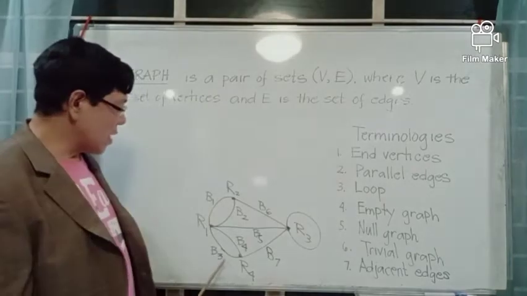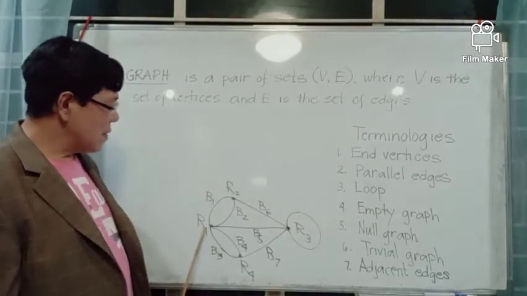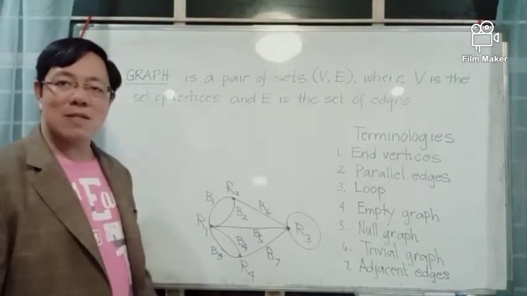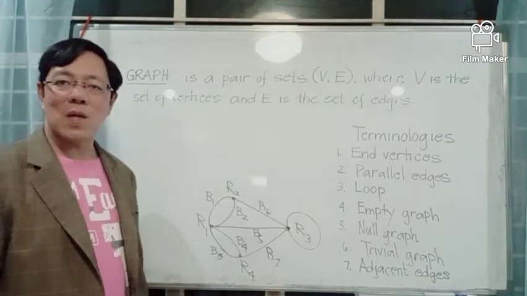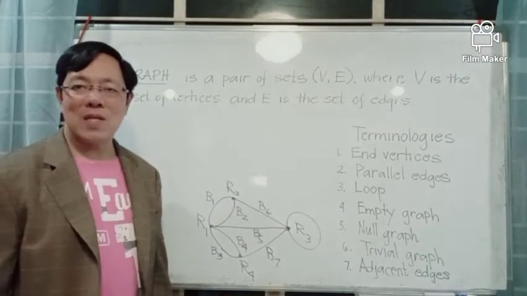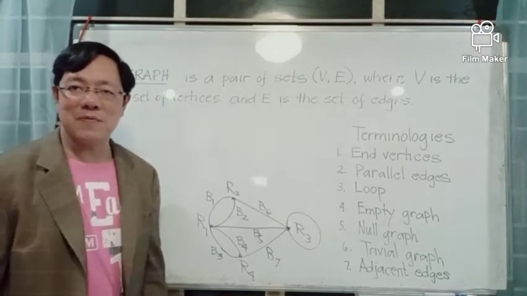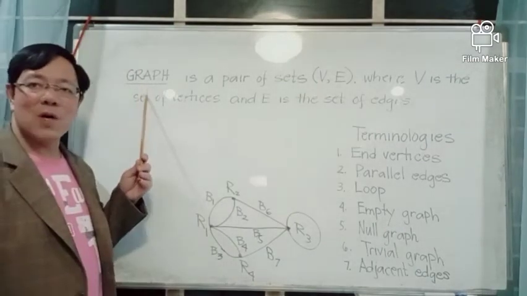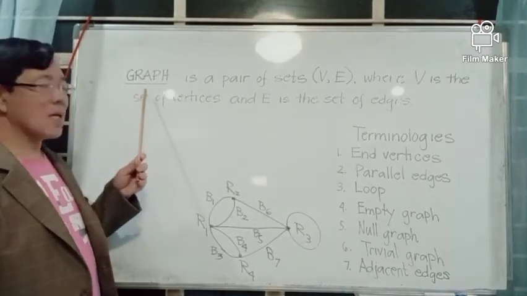And we can collect the vertices into one set, and we can also collect all the edges into one set, and we now formally define a graph. This is the formal definition of a graph.